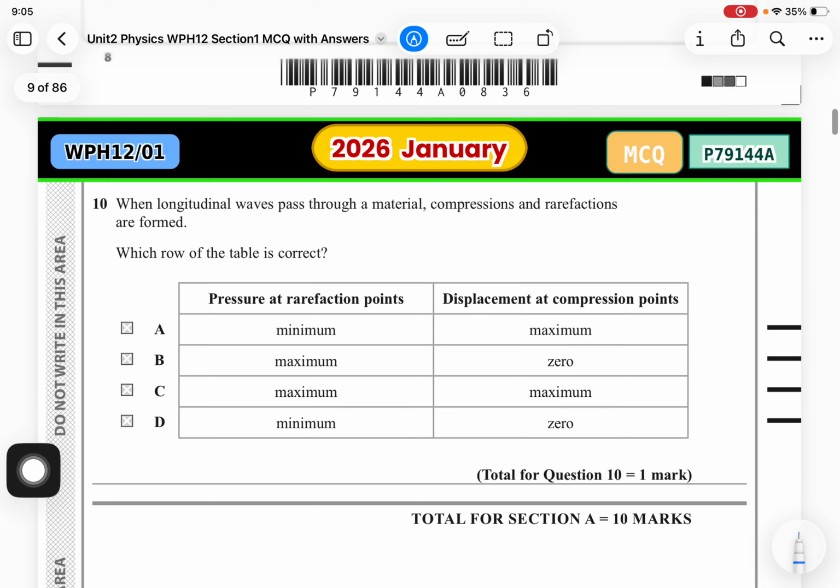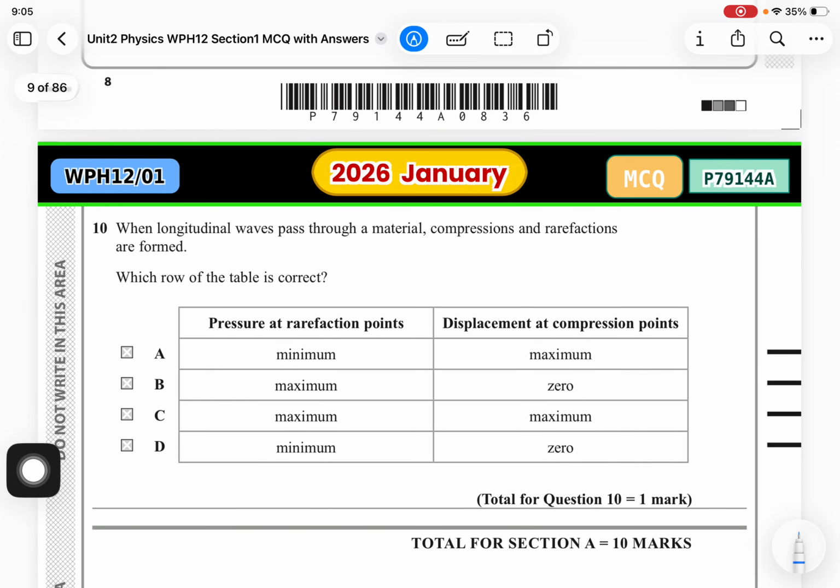Okay, now question number 10. When longitudinal waves pass through the material, compressions and rarefactions are found. Which row of the table is correct? Okay, now they're talking about pressure at rarefaction points. If it is compressions and rarefactions, we know the pressure will be minimum at rarefaction points.